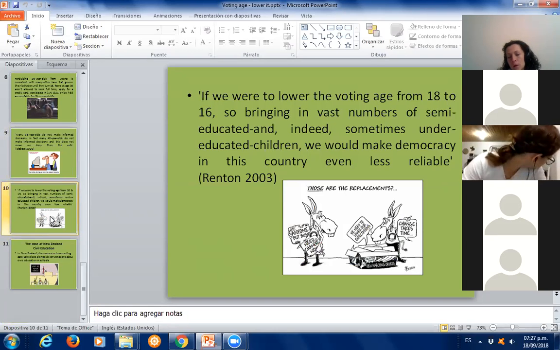So this one reflects the ideas that some of you had in relation to education. So what this sentence is reflecting is that if people are not well educated to make informed decisions, lowering the voting age will make democracy less reliable.